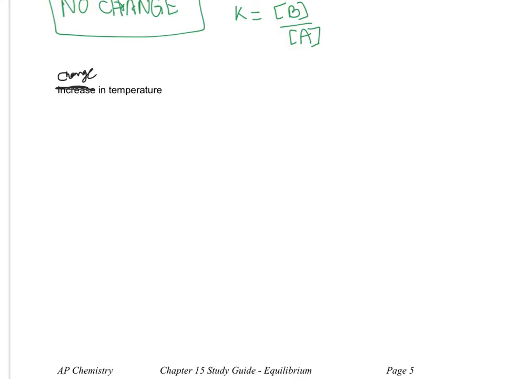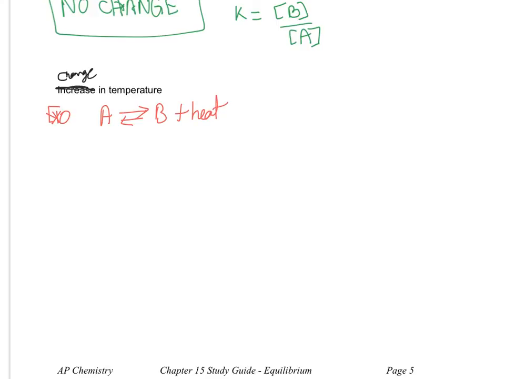Well, it depends on if it's exo or endothermic. So let's look at exo first. A yields B. If it's exo, then heat is one of the products.